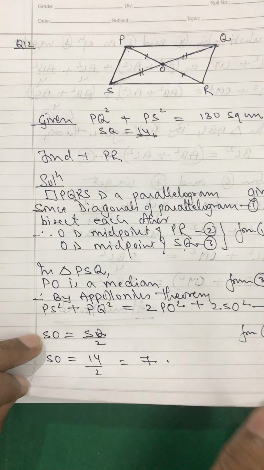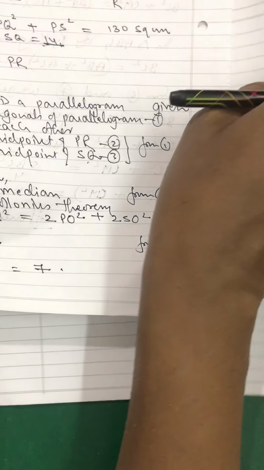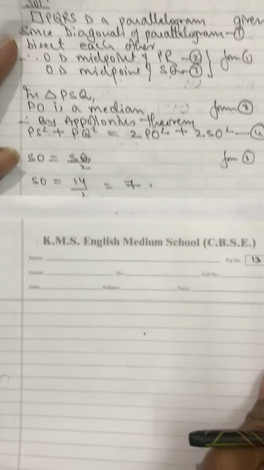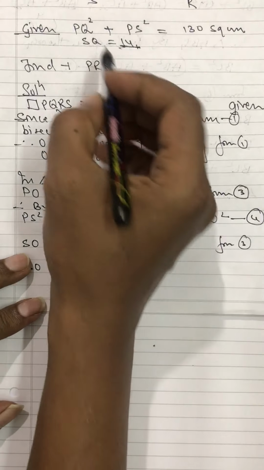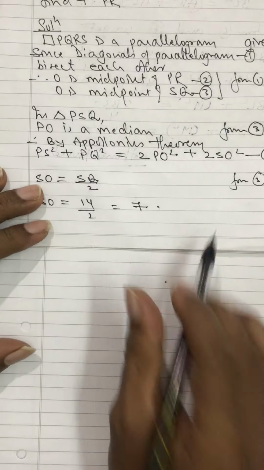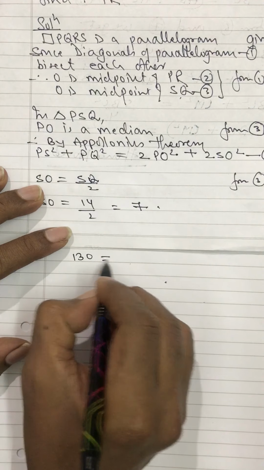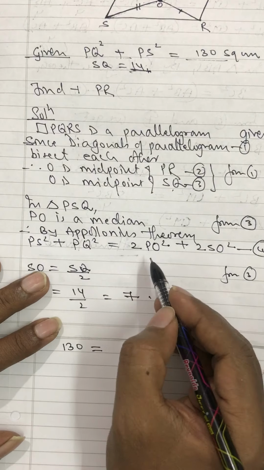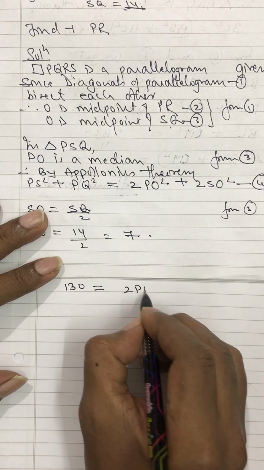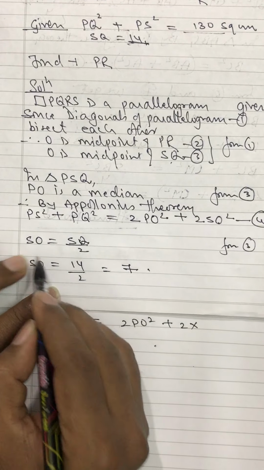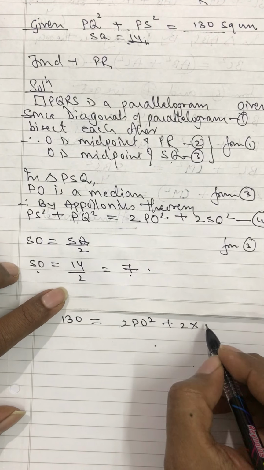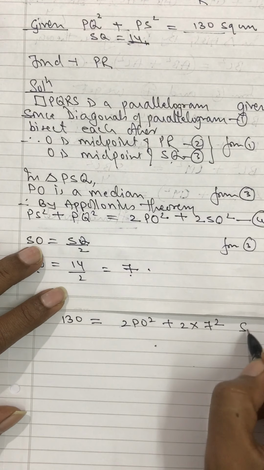So now substituting the values over here, PS square plus PQ square is equal to 130, that is given. 2 PO square we don't know. 2 SO square, 2 into SO is 7, so 7 square, substitution.